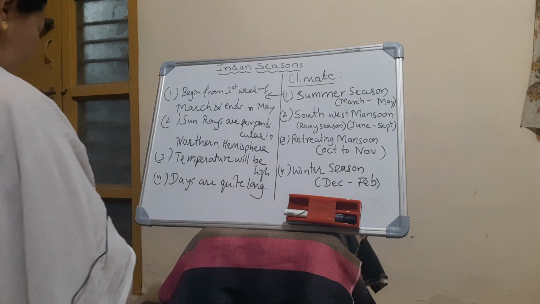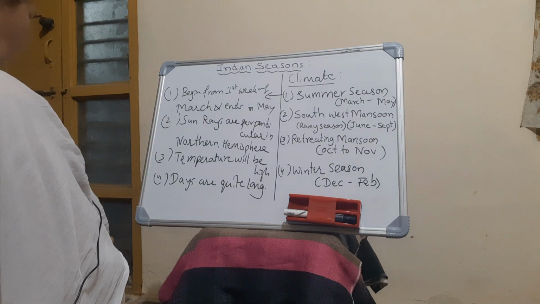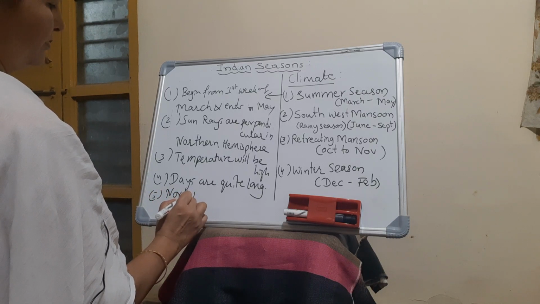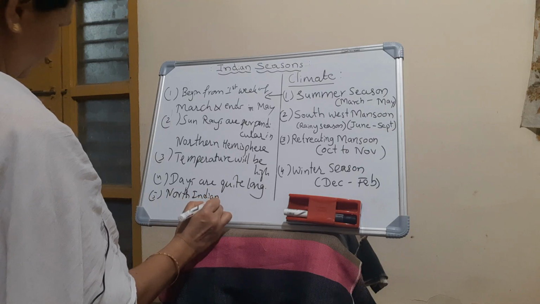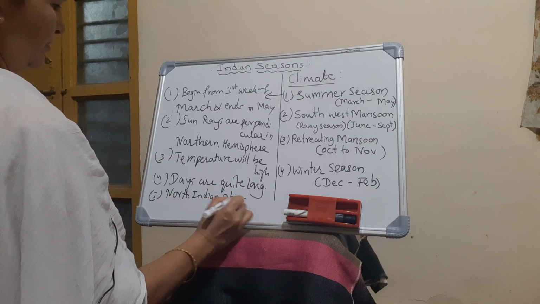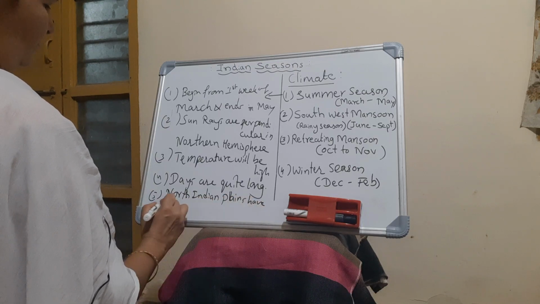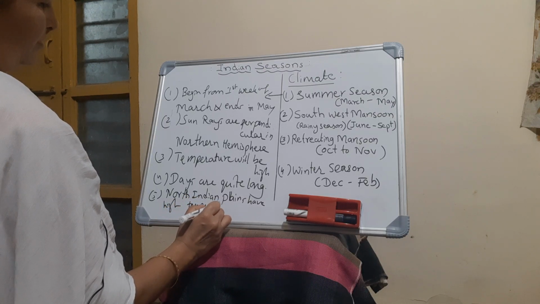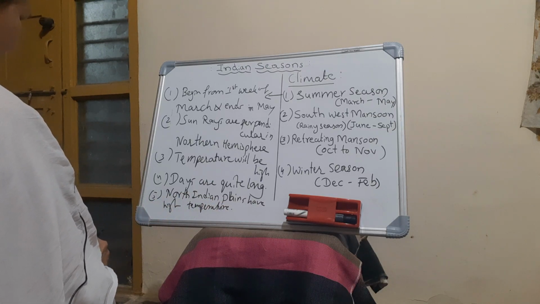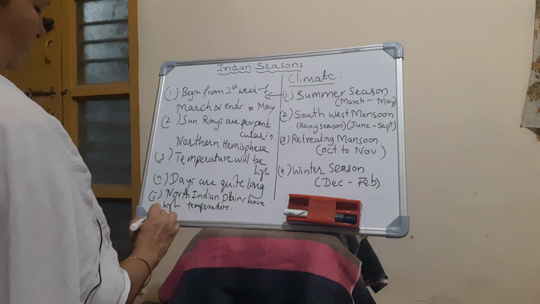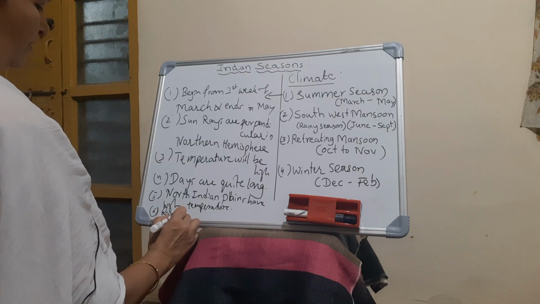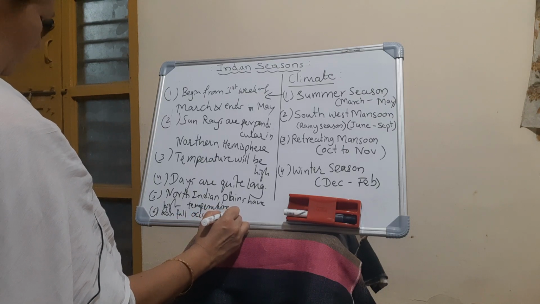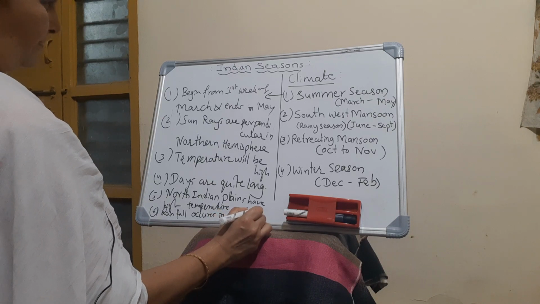Next, North Indian plains have very high temperature. Rainfall occurs in April and May.